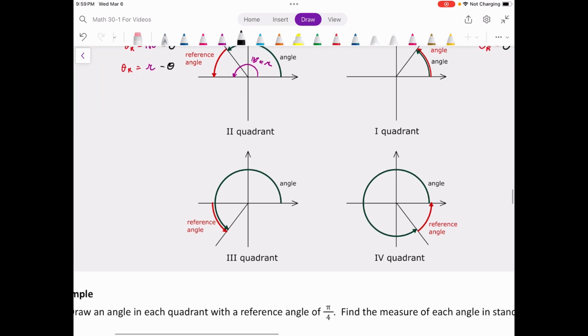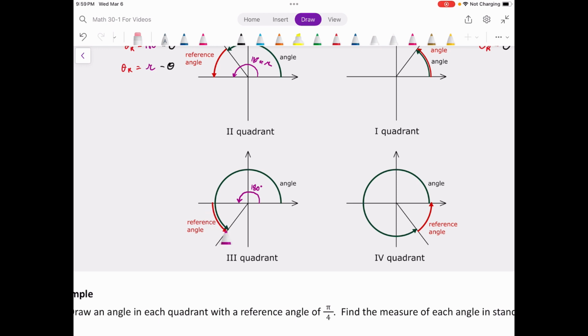All right, similar logic holds up in quadrant 3. Sometimes students treat these as rules to be memorized. I mean, you might accidentally memorize them, but honestly, I find it a much easier and better way of understanding to just think about the relationships here, right? That way you don't have to memorize anything. In quadrant 3, for example, we're going to 180 and then we're going past it by the reference angle, right?